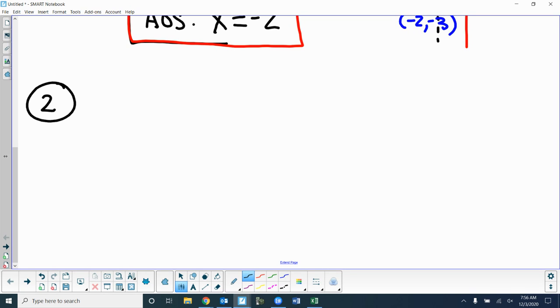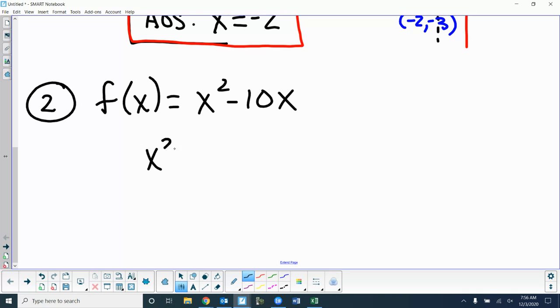And the function was f of x equals x squared minus 10x. So I got an a and a b. But I got nothing here for c, so I can just put 0 if you want. So it looks like that doing this method. So I take half of 10, which is 5, and square it to fill in my blank.